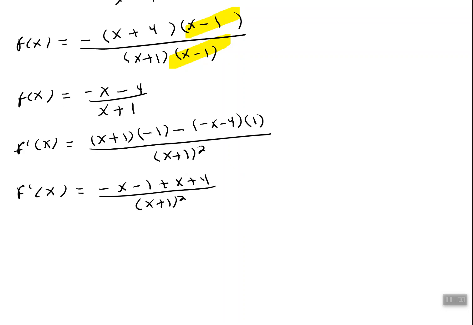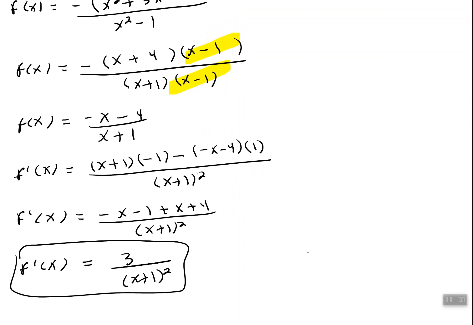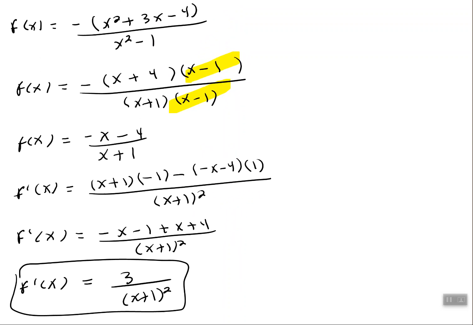Looks like the x's go away, and -1 plus 4 is +3. You might want to pause it there if you need to write that down.